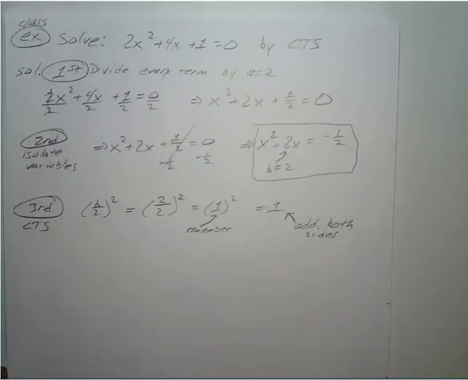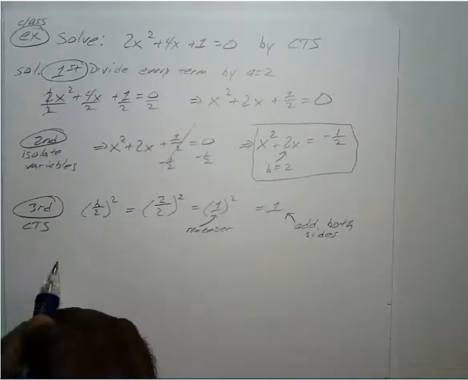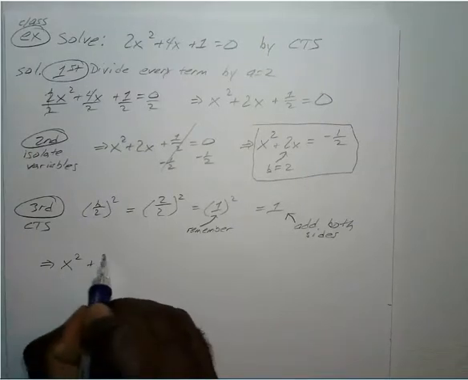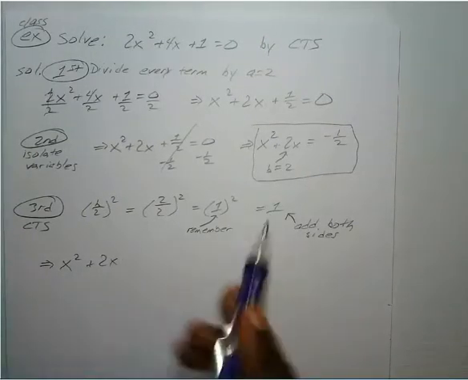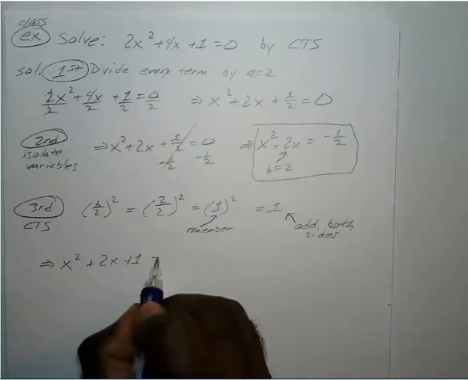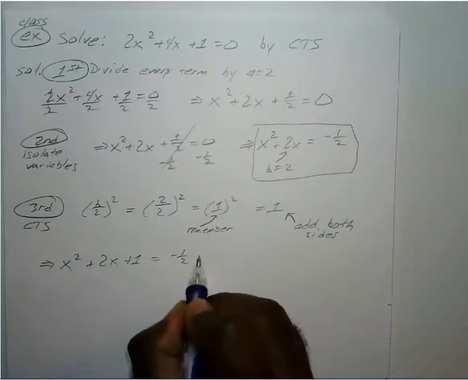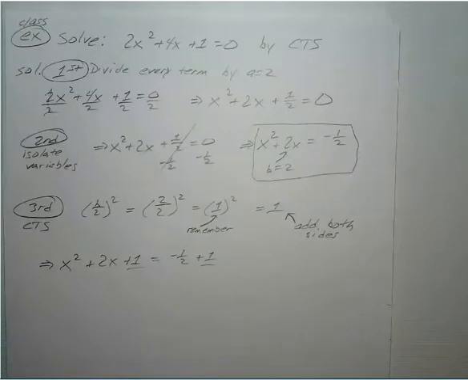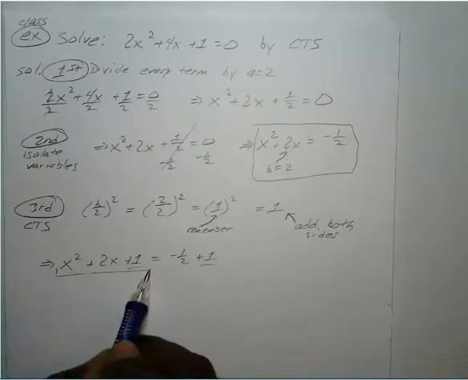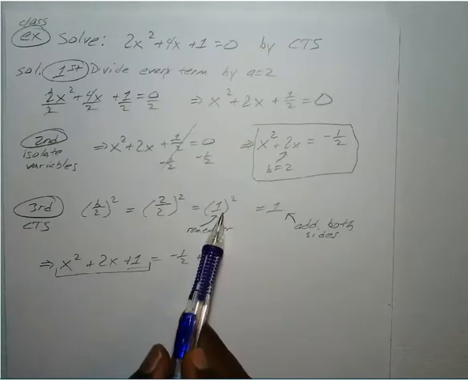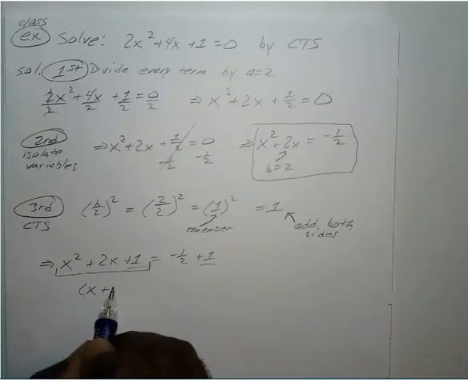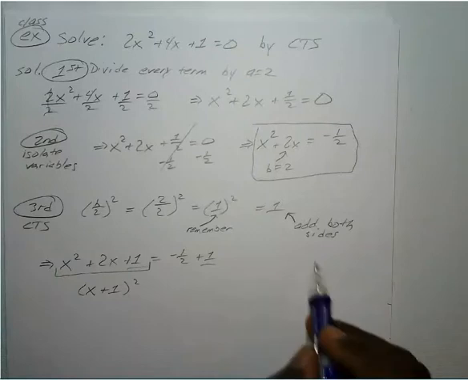Okay, so going ahead to do that, you have x squared plus 2x plus 1 equals negative 1/2 plus 1. So again, we just added the 1 to both sides. If we did everything correctly, that value here just makes this trinomial x plus 1 squared.